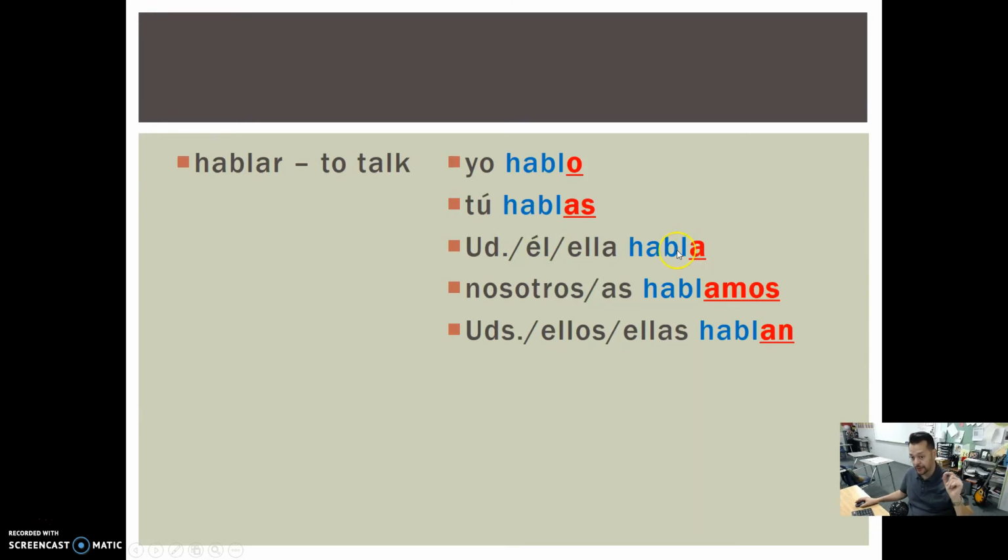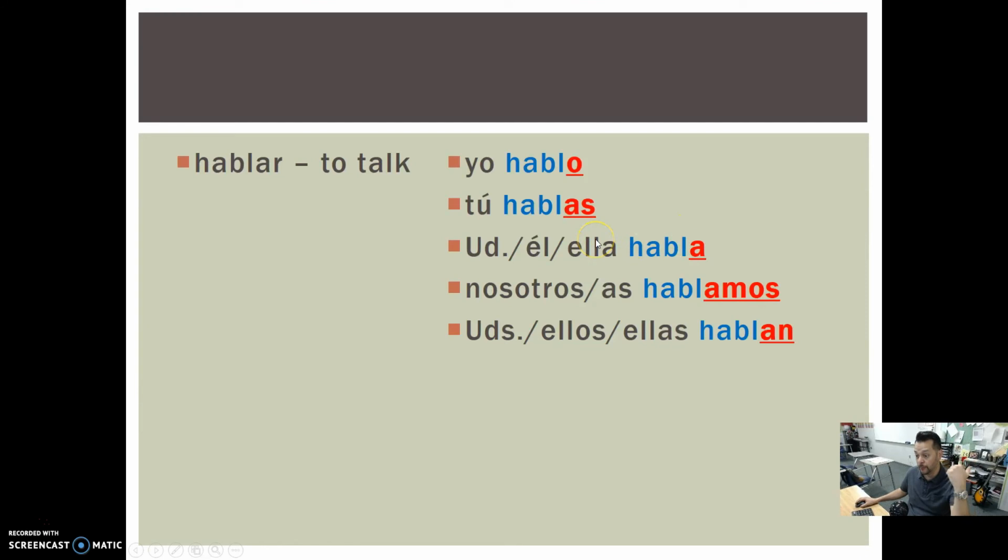Okay, now here's the part where I'm going to have to explain just a little bit. All of these people that we're talking about, they share this conjugation right over here, all right? So you could be talking to usted, and if you want to say you speak, you say usted habla. You could be talking about él, and you say él habla.